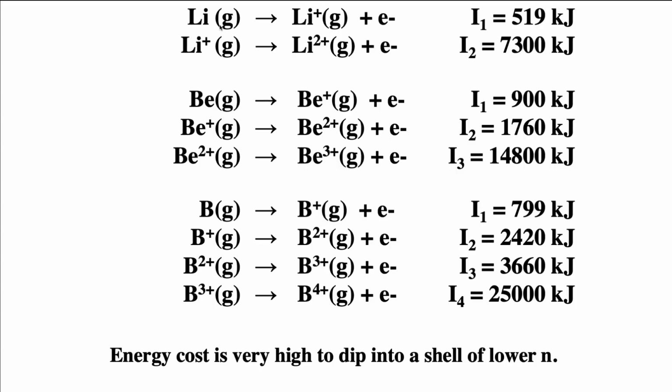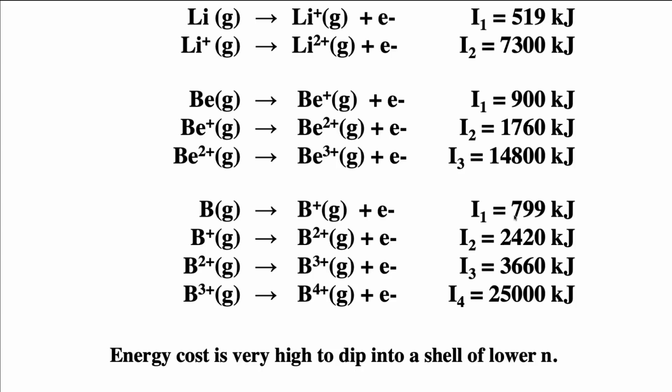And so here we have lithium, beryllium, boron. And again, notice that for lithium, it doesn't take that much energy to remove that first electron. It takes a lot of energy to remove the second one. And so lithium and alkali metals tend to form +1 ions. For beryllium, not too much for the first one or the second one. It takes a lot of energy for a third one. And so often alkaline earth metals will form +2 ions.